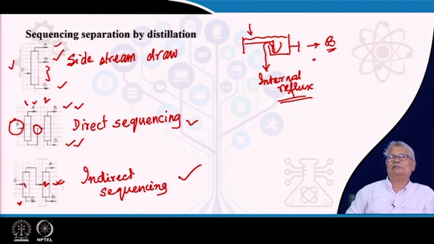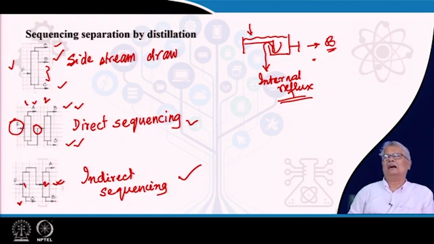So, I would like to say that though I have given you an example of fractionation where the sequencing is implemented, but similar thing is true in case of batch distillation also. In case of batch, you can produce in a set of accumulators products which are rich in A, B and C, or you can run a batch, take out the product from the top and the bottom and rerun either top or the bottom, similar to the direct sequencing or indirect sequencing.